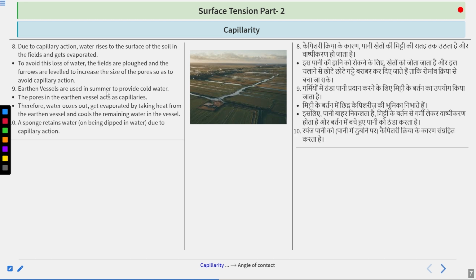A sponge retains water on being dipped in water due to the capillary action, because the sponge also provides the capillary action of rising up of water. Due to this, the water level rises up in the sponge and it retains the water even after being removed from the water. It is happening because of capillary action.